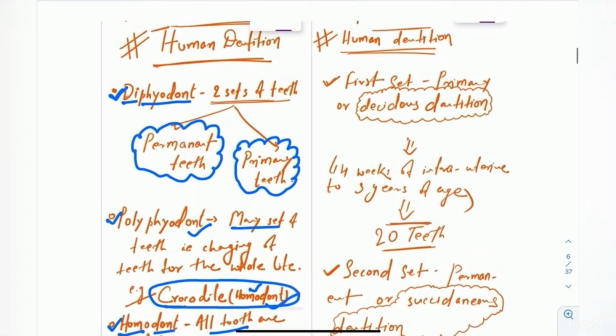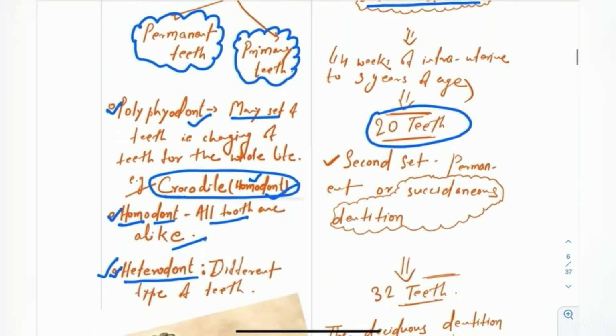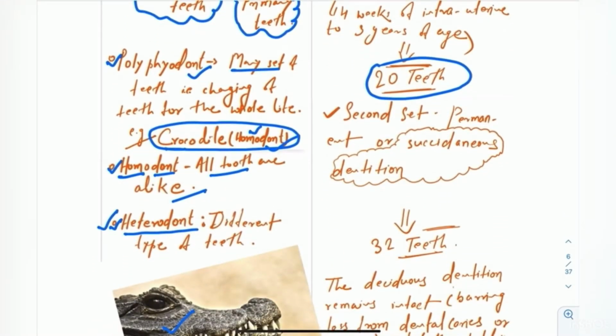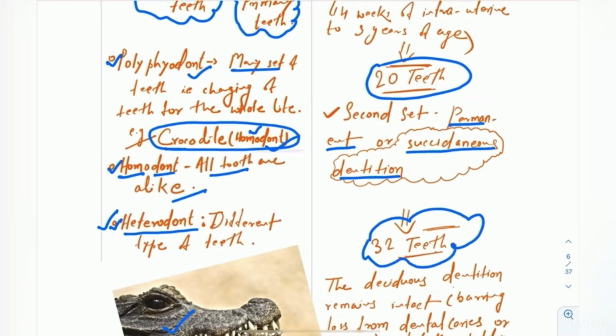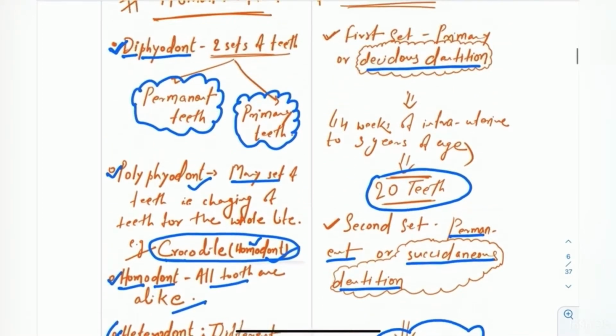Next is human dentition. The first set, or the primary set, is also called deciduous dentition. It has 20 teeth, and the second set is the permanent or succedaneous dentition. It has 32 teeth. Why do we call it succedaneous and deciduous?